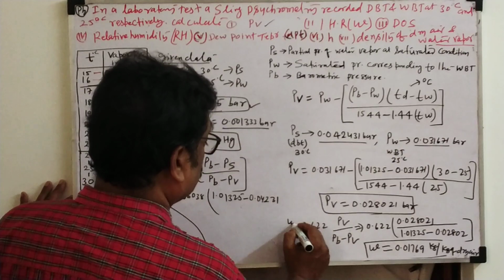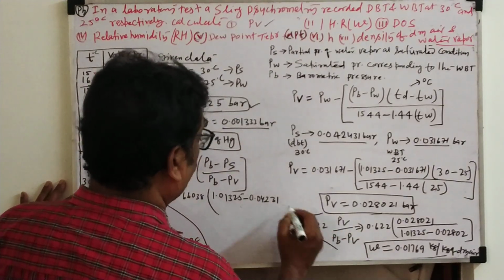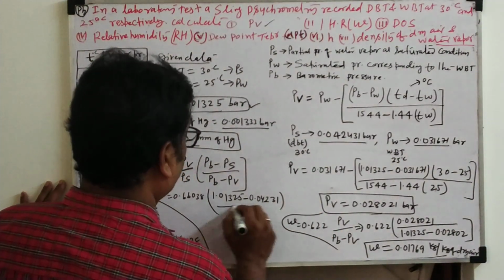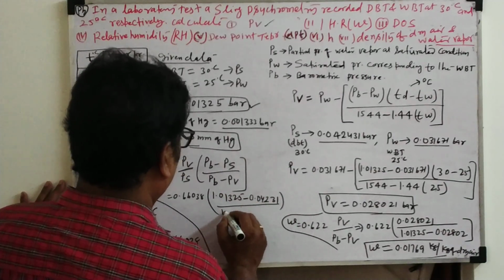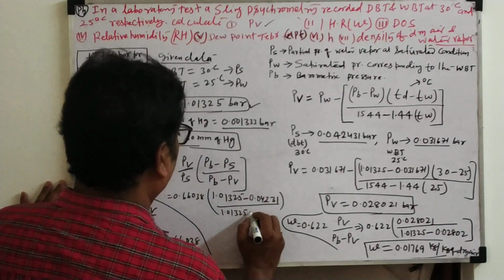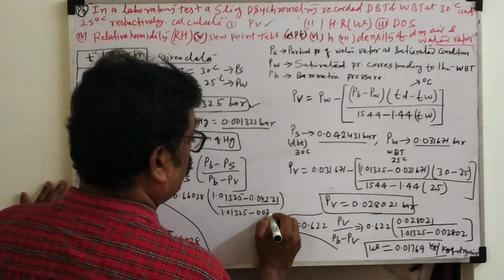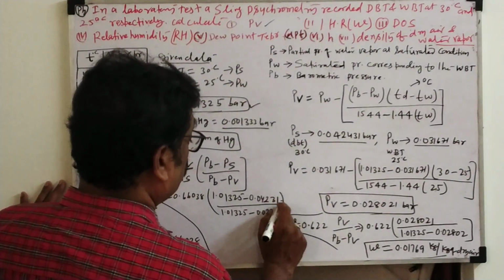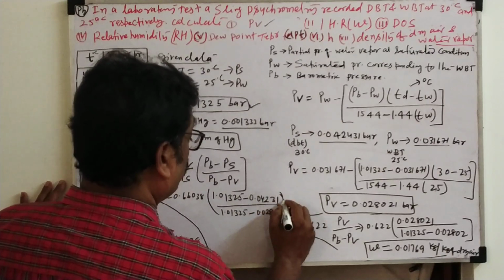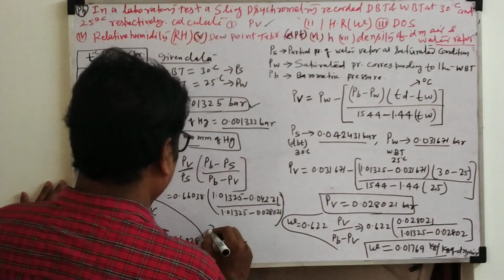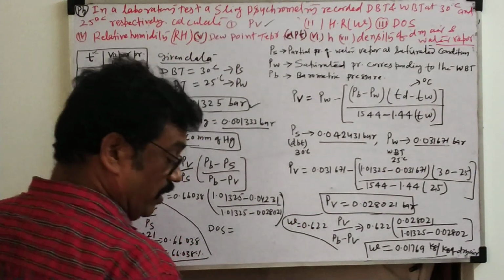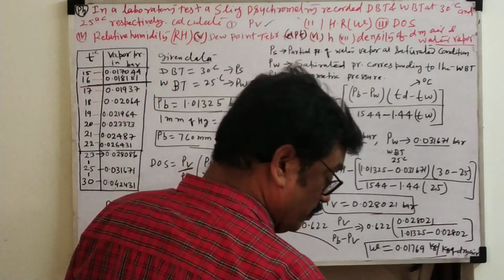So always you will see this calculation is a little bigger. So this divided by PV value, 1.01325 minus PV value, 0.028021. So this is the value. So the degree of saturation value I already calculated directly, so I will write this value.